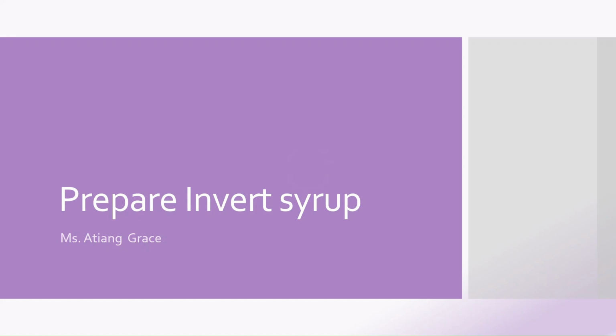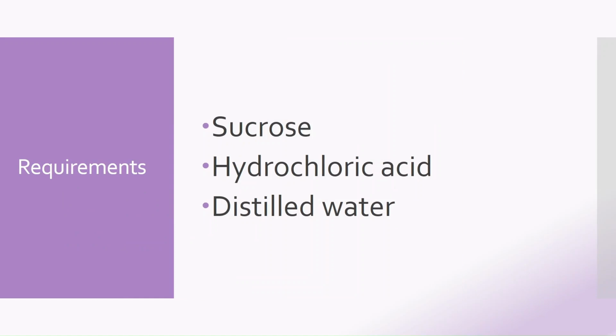So what are the requirements that we need when we are preparing our invert syrup? We need sucrose itself, hydrochloric acid, and distilled water. These are the requirements. We are going to see how each requirement acts.